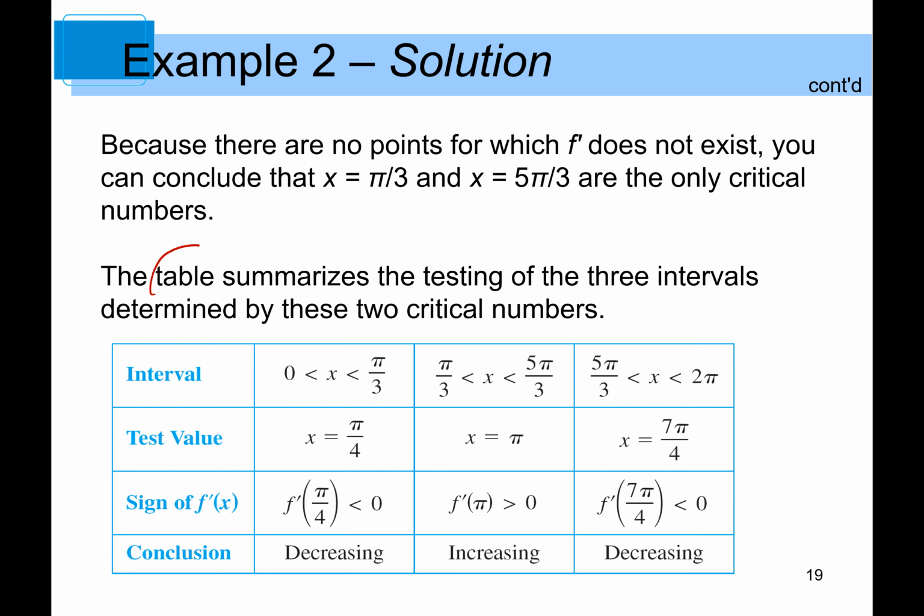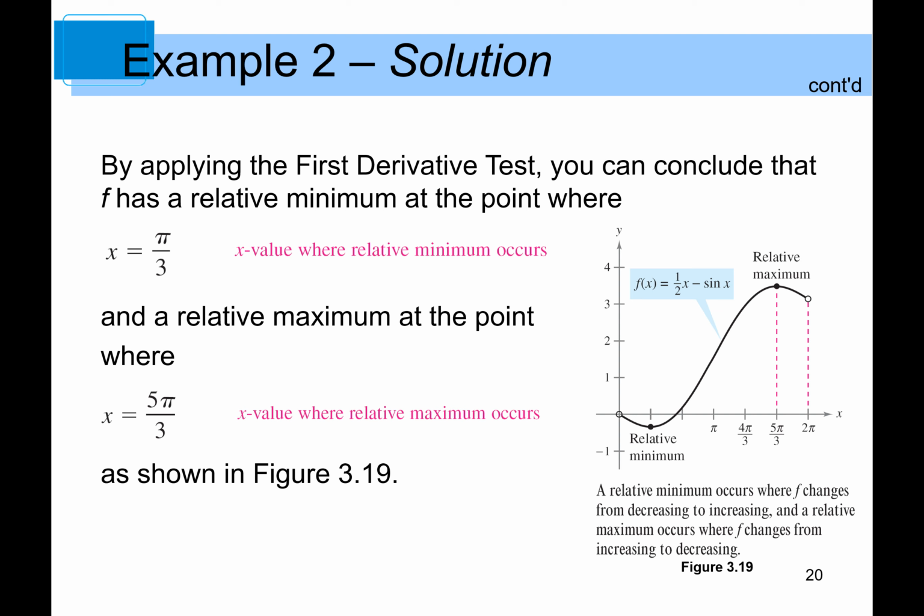So as you can see, the table below gives us a very good idea. Basically, the increasing interval, decreasing interval. Utilizing that, applying the first derivative test. So at pi over 3, we go from decreasing to increasing.